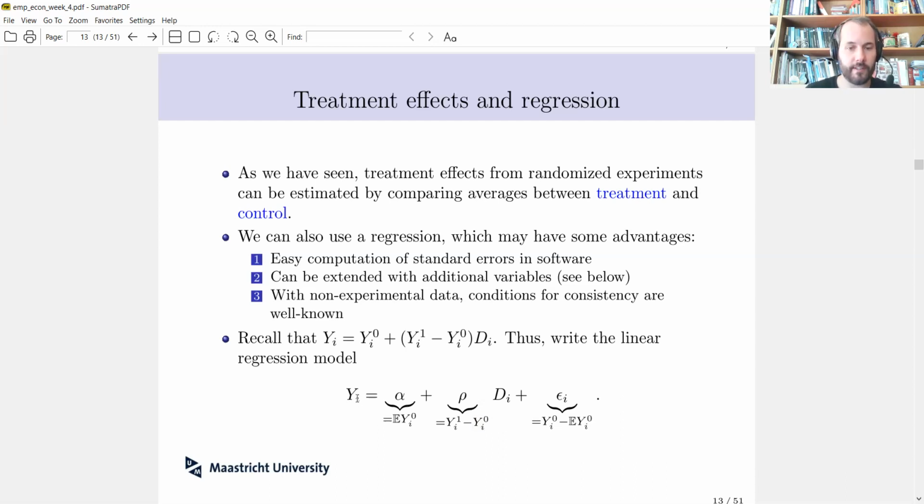And then in order to make this equation hold, we have to write epsilon i as yi0 minus the expectation. So this cancels with this, and indeed you go back to this equation: yi is expressed as yi0 plus this times this. So indeed the equation holds. If you now have a random sample from this experiment, you simply run this regression, and what you're interested in is your estimator of rho.